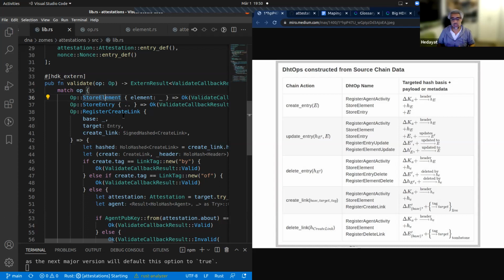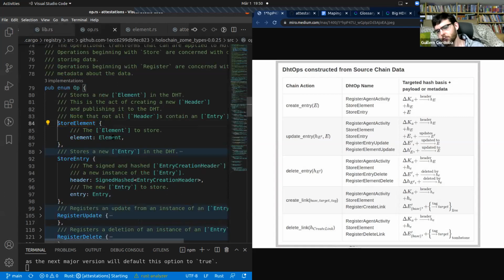What kind of validation can we do? I don't really understand the question. What do you mean, what kind of validation? Like, what would be good for this store element, what validation you would put in the store element op?